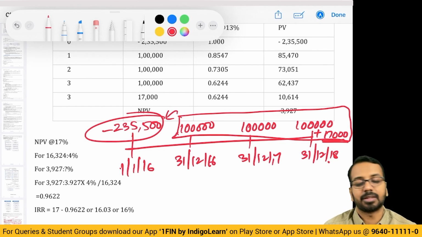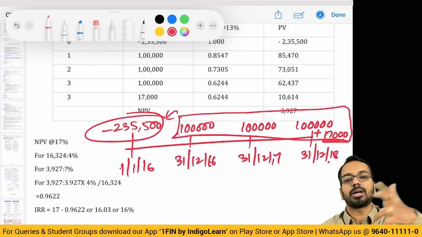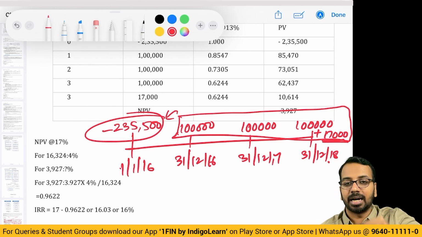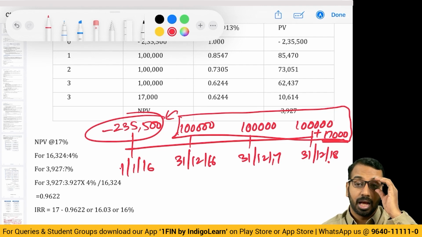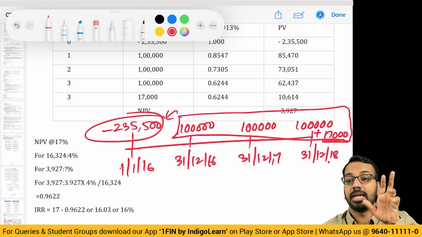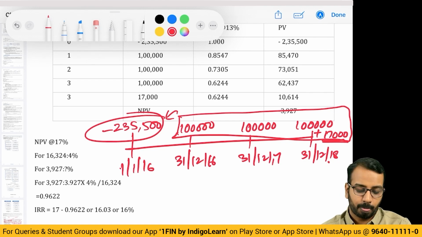Now tell me one thing, how many of you are not comfortable with calculation of IRR in the exam, in financial management, whatever you have learned, or even in AS 19 if you have learned already? How many of you face difficulty in calculating IRR, or are you comfortable?